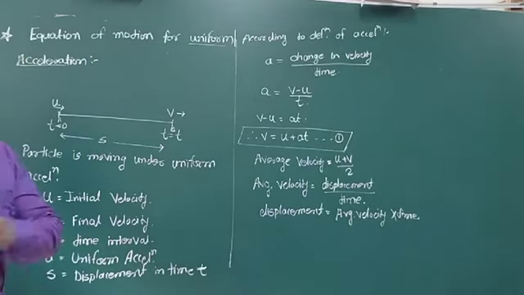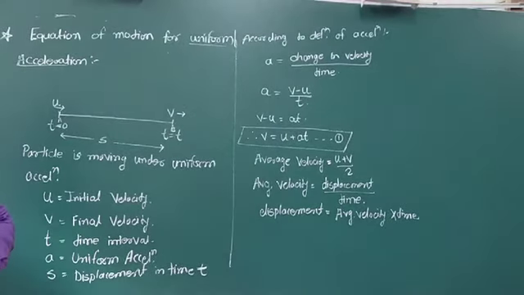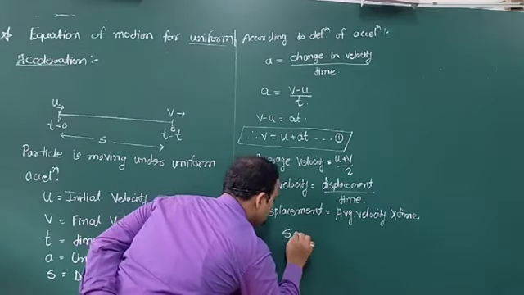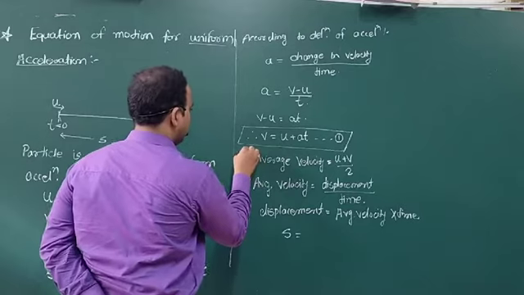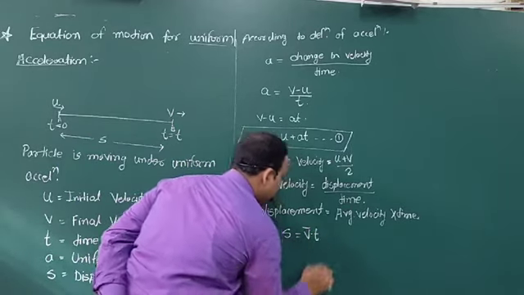Now see here, displacement s is equal to average velocity, suppose this is indicated by v bar, so v bar into t.